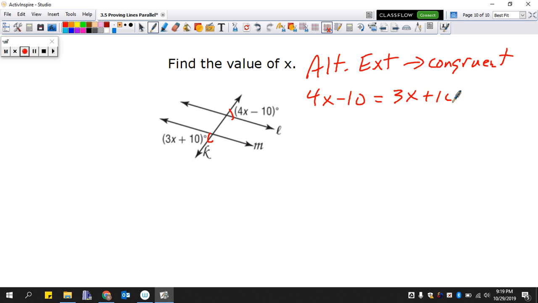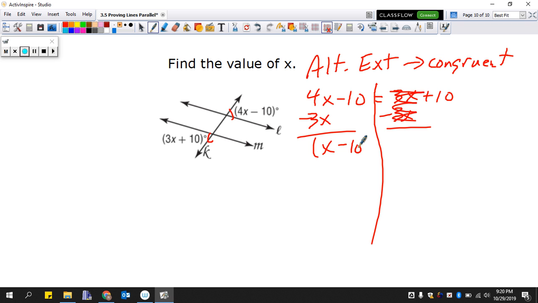Draw our line and solve for x. Minus 3x, minus 3x. That cancels out. We're left with 1x minus 10 is equal to 10. Add 10 to both sides. 1x, or just plain x, is equal to 20. That is our answer.